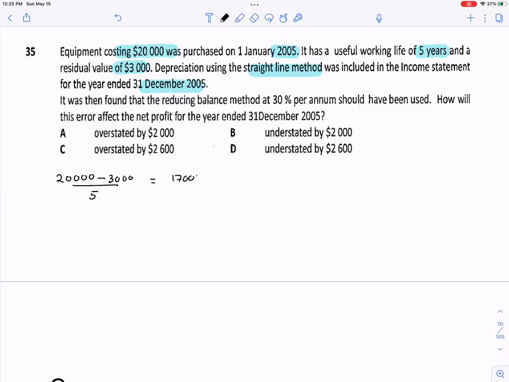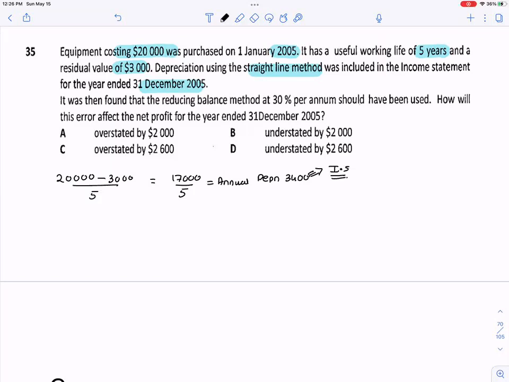So this is 17,000 divided by 5. So annual depreciation is 3,400, included in the income statement every year.